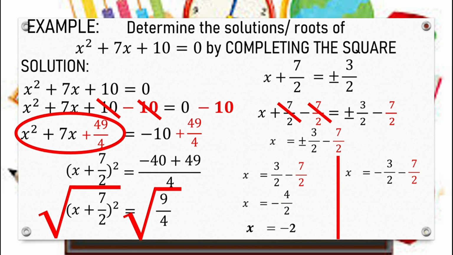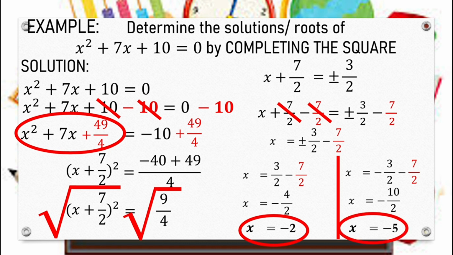On the other hand, our second linear equation, x is equal to negative 3/2 minus 7/2, can be written as negative 10/2 and can be simplified as negative 5. This means the solutions of x squared plus 7x plus 10 equals 0 are negative 2 and negative 5.